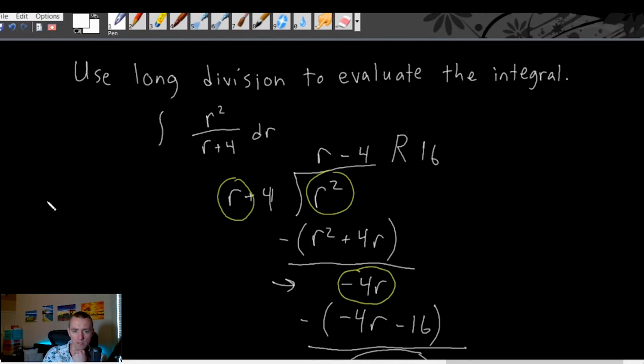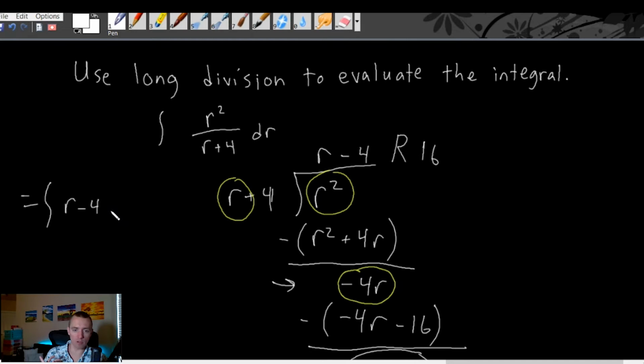Well, what that tells us is we can rewrite this integral we started with, the integral of r² over r+4 dr. If we were to actually divide r² by r+4, we would end up with r minus 4, and then a remainder of positive 16.